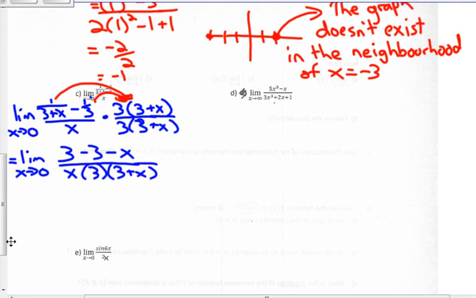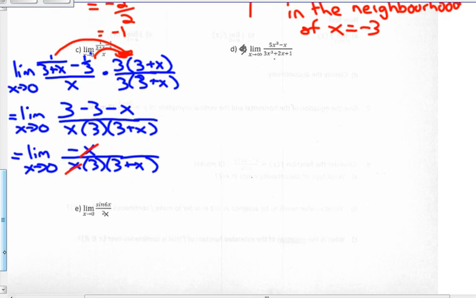It doesn't help us much to multiply out that denominator. Keep going. We have the limit as x goes to 0 of -x over x times 3 plus x. This is where the magic happens. You can divide out x by x, and you'll be left with just -1 on top. So in our next step, it will look like this. Limit as x goes to 0 of -1 over 3 times 3 plus x.